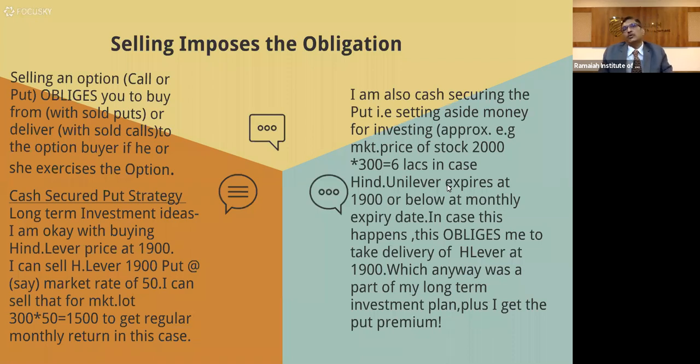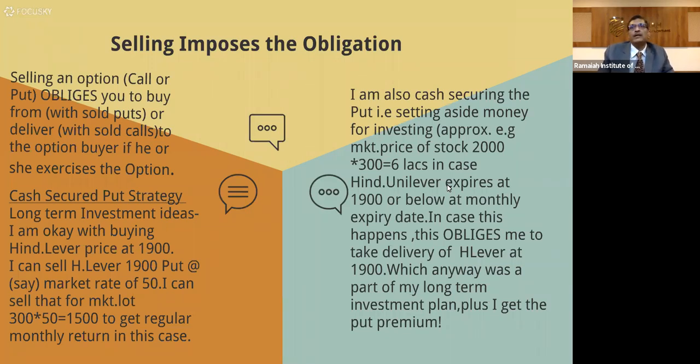If the market goes up, you win. If the market goes down, yes, you have to take the delivery, but it's a part of your long-term investment plan, right? So as a long-term portfolio investor, when you start to build a portfolio or start to take advantage of this strategy, it's a good time because the markets are down.